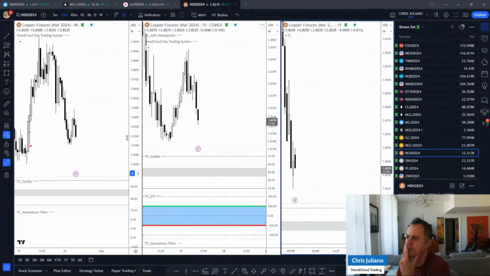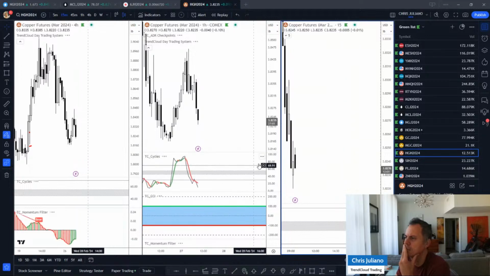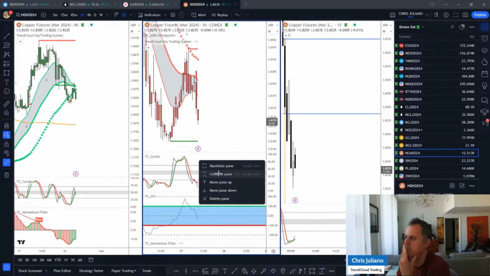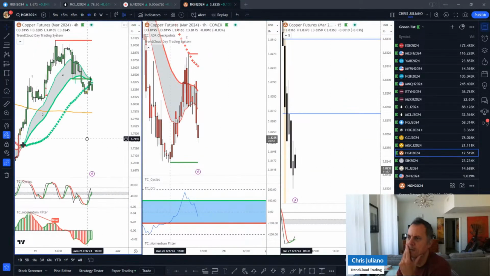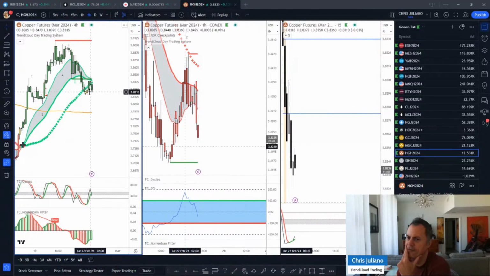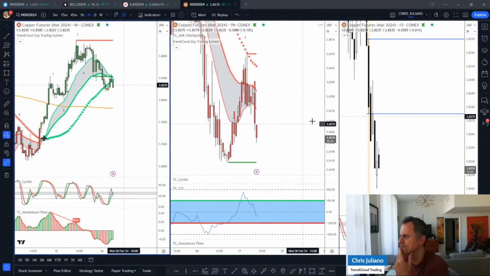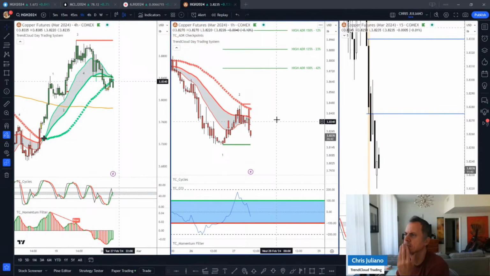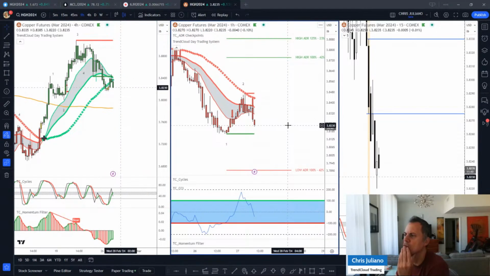Copper. Let's see. Uptrend on the 4-hour. Cycling up. Momentum is up. Crashing a little bit below the 50, right? Crashing below the 50 on copper. What are we heading for?